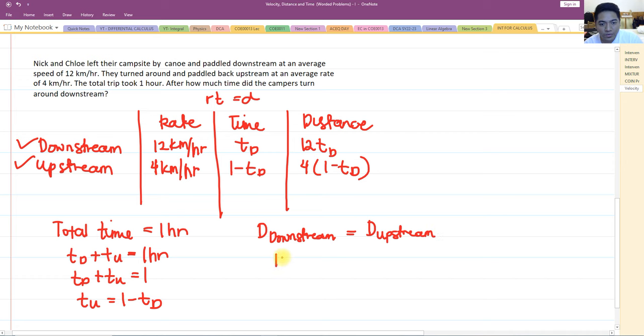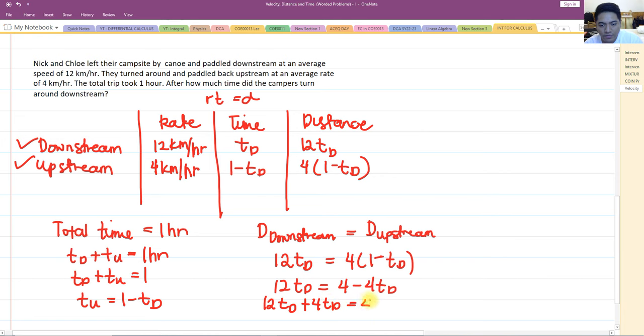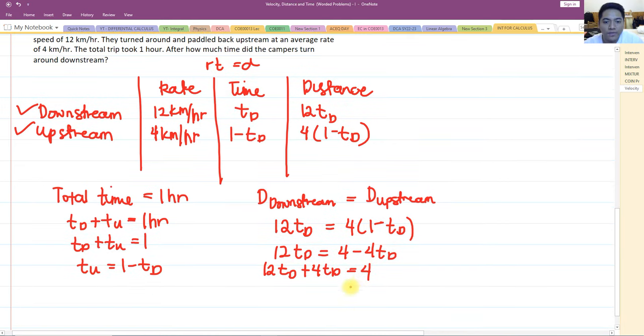So you have 12 T sub D, the rate times the time downstream, equals 4 times 1 minus T sub D. So distribute. You have 4 minus 4 T sub D. Combining like terms, you have 12 T sub D plus 4 T sub D equals 4. So you now have 16 T sub D equals 4.